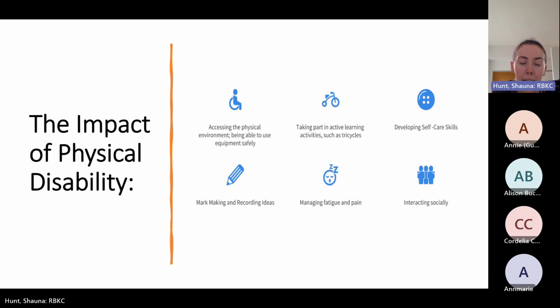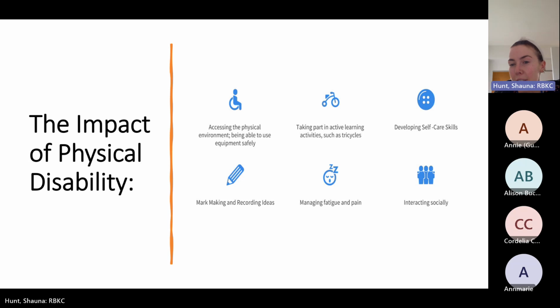Okay, so thinking about the impact of physical disability. Whilst every child is affected by their unique physical needs, they're all affected in different ways. But they may have difficulty in areas like accessing the physical environment.